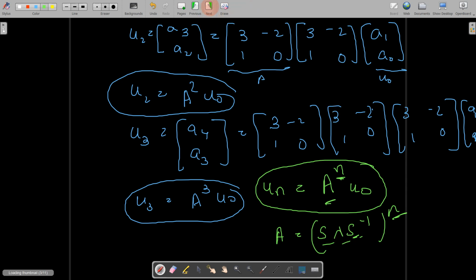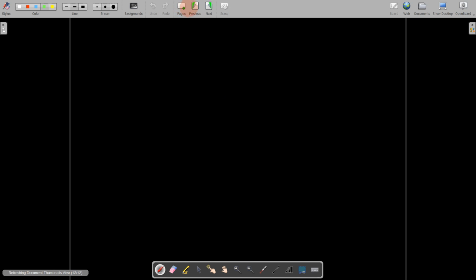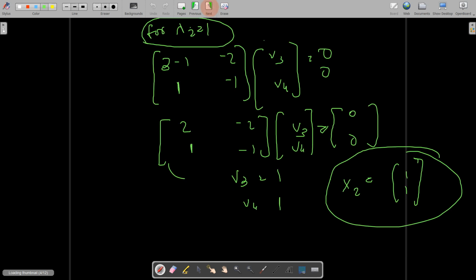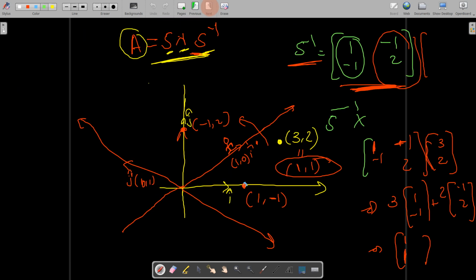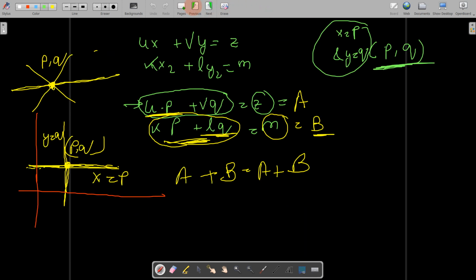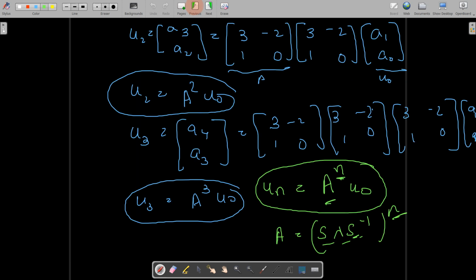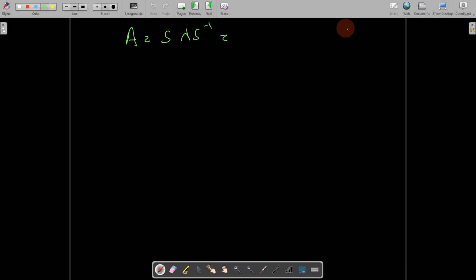So that means, okay, I will add a new page. Our A matrix is becoming S lambda S inverse. That is equal to, we will substitute the values we found out in the last video. Our S inverse is 1, minus 1, minus 1, 2. Our lambda eigenvalues were 2 and 1, right?